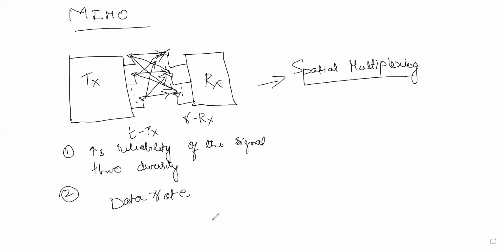Now we will see the combination of MIMO and OFDM. It is nothing but combining these two technologies. Why do we want to combine MIMO and OFDM? To achieve higher throughput.